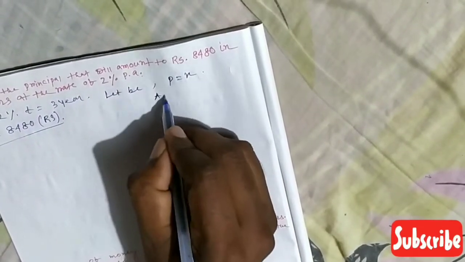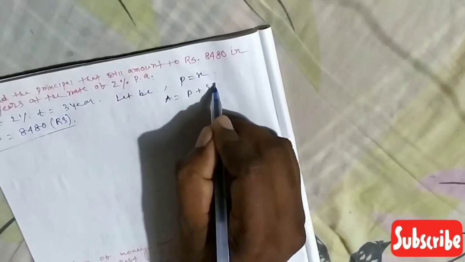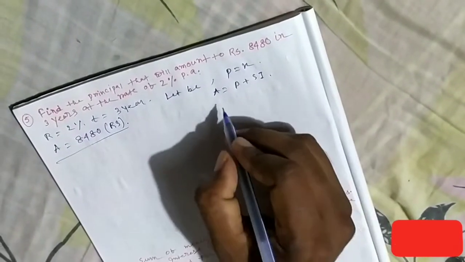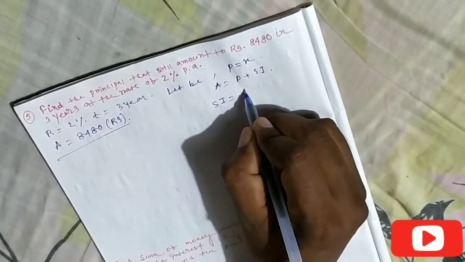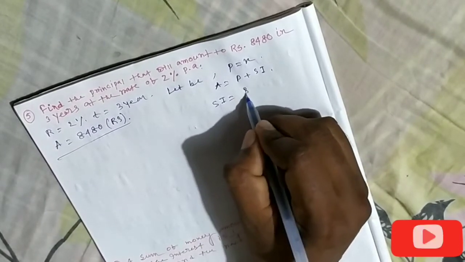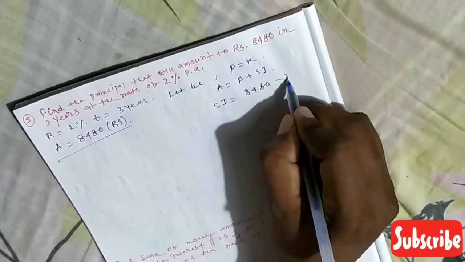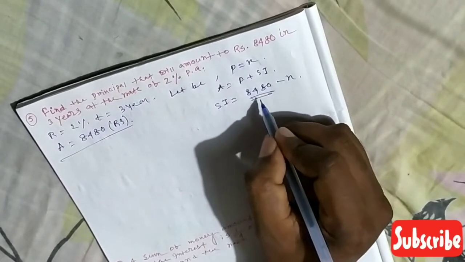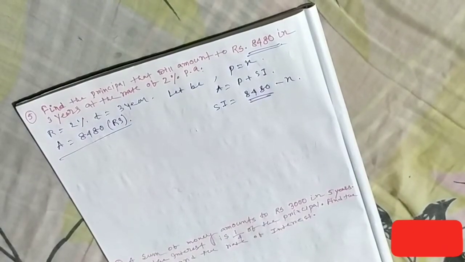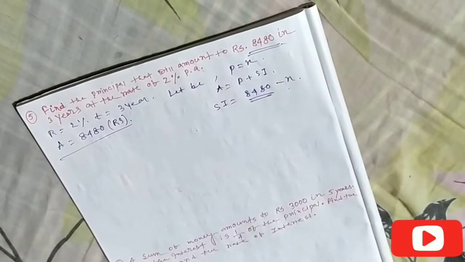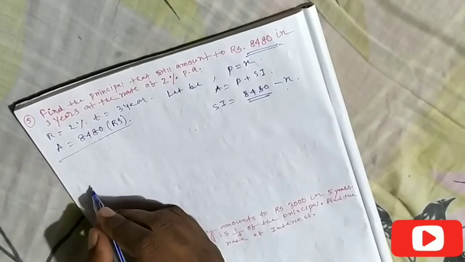We know that A is equal to P plus SI. SI is equal to 8480 minus x. 8480 is the total amount, and x is the principal.